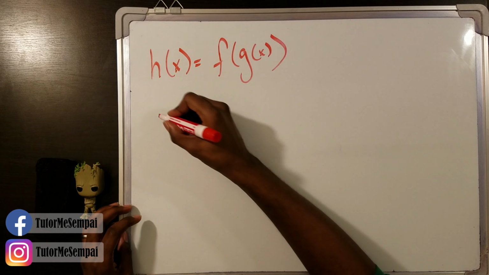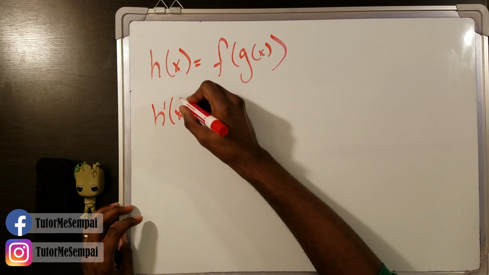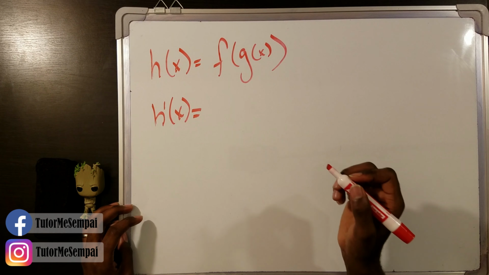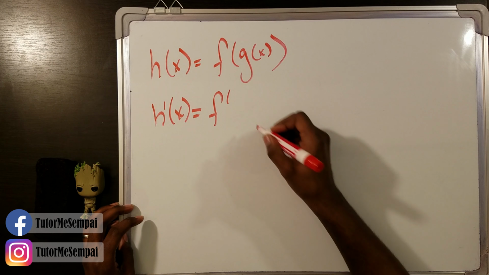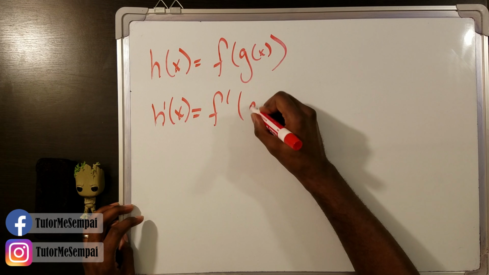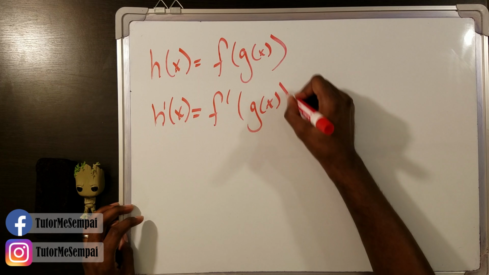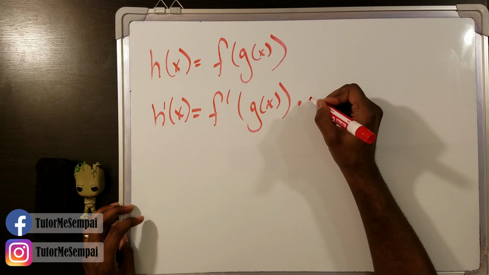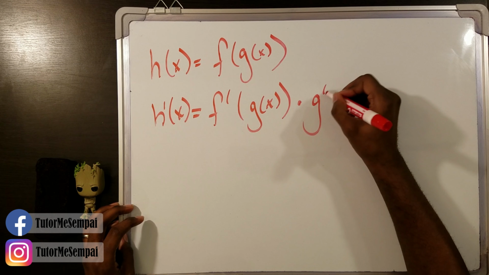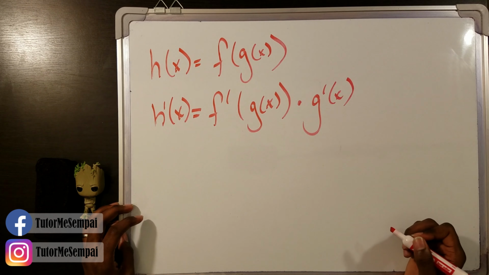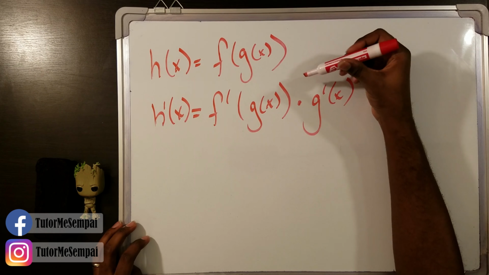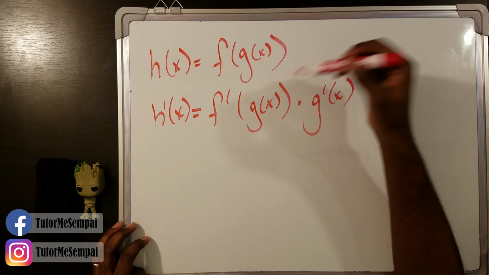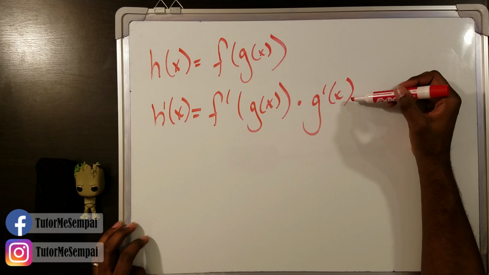In order to find h prime of x, the chain rule will tell us, like our visual said, find the derivative of the outside, leave the inside alone, and then multiply that by the derivative of the inside. This is quite honestly your chain rule. Derivative of the outside, leave the inside alone, times the derivative of the inside.